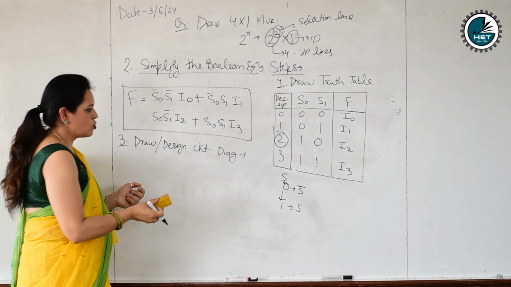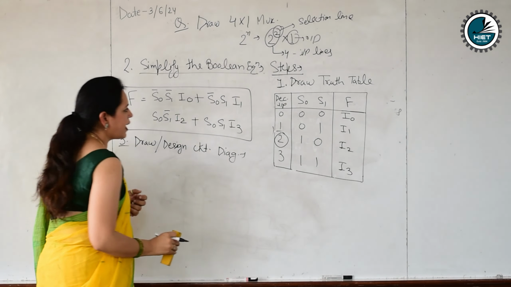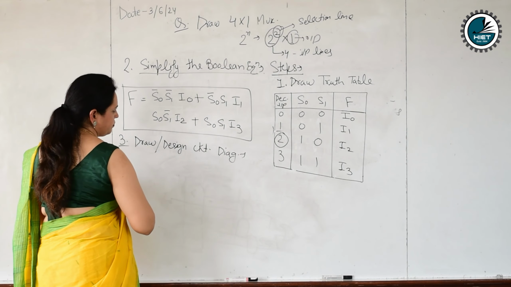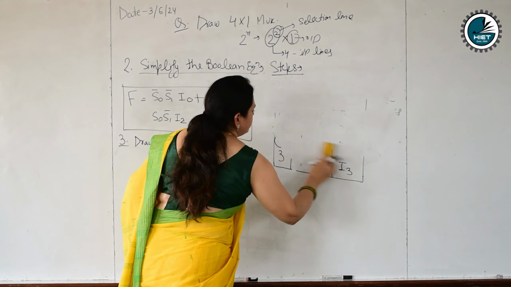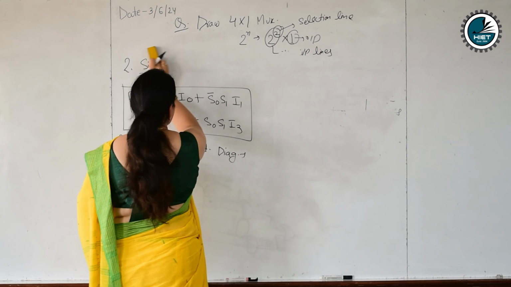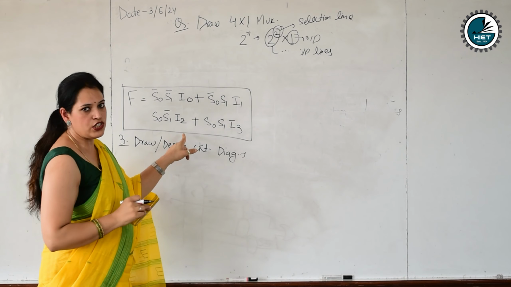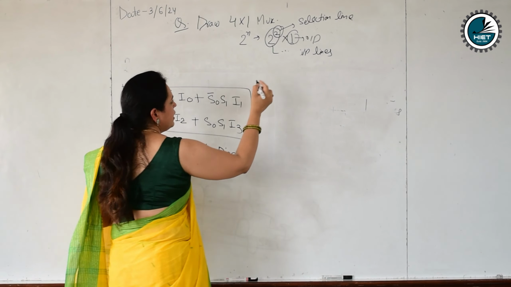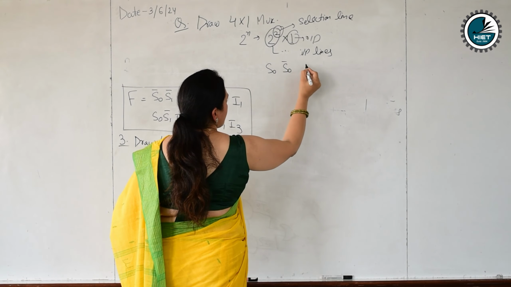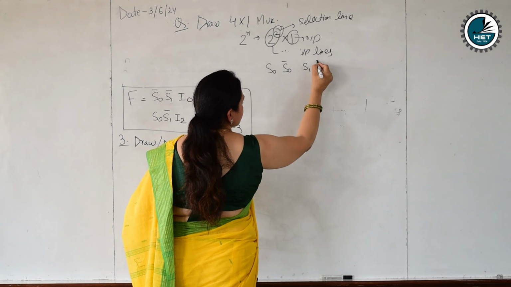diagram. So, we can draw the circuit diagram with the help of these inputs. With the help of this equation, we can draw the circuit diagram. In this, we have S0, S0 bar, S1, S1 bar.